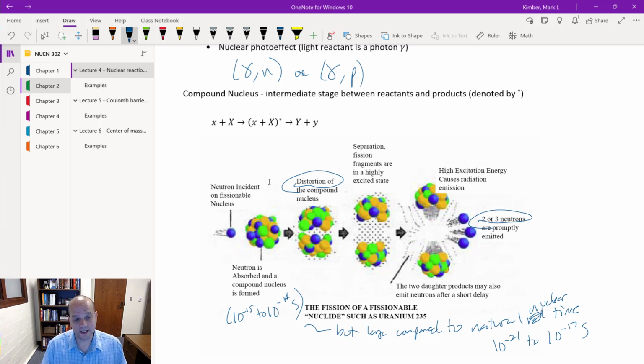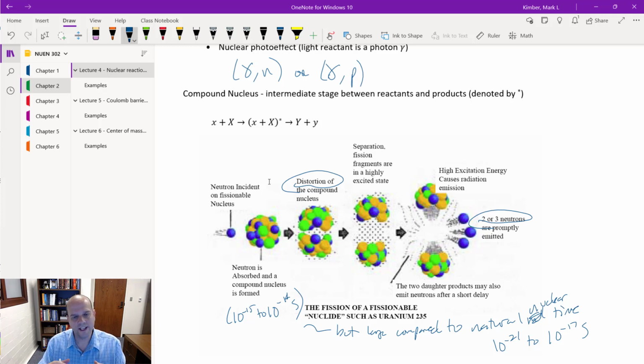And so this process is important for us to understand because of those timescales. The fact that it takes orders of magnitude longer in the compound nucleus than it does for these other nuclear processes. And so what happens is it absorbs that neutron, and then it's going to form and react and do something.